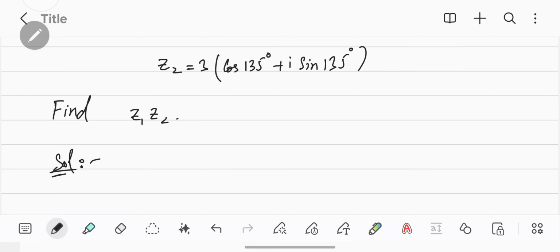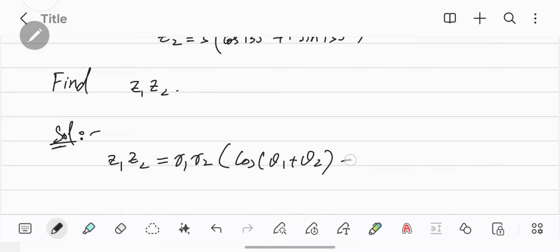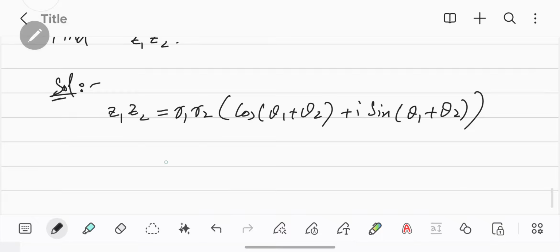Here is the solution. By the theorem, z1 z2 is equal to r1 times r2, cosine of theta 1 plus theta 2 plus i sine of theta 1 plus theta 2.